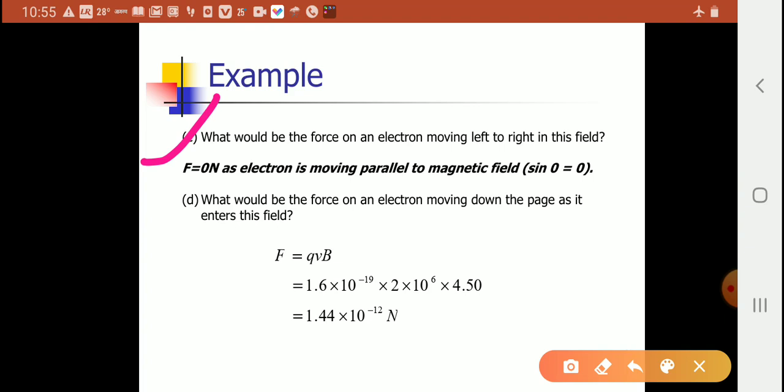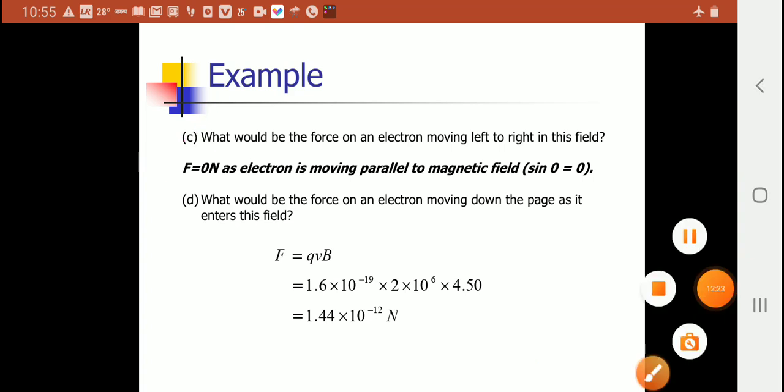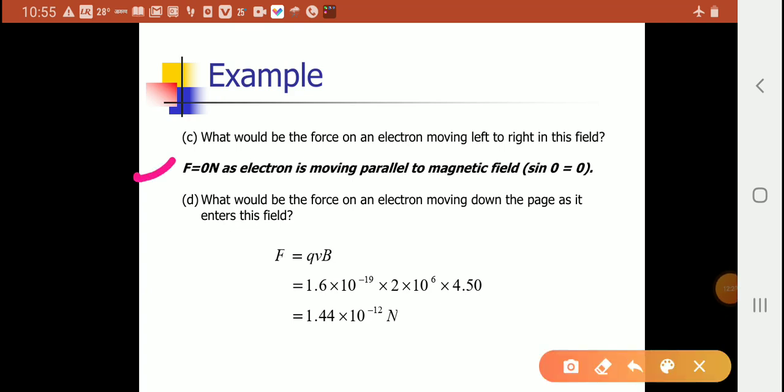Third, C, what would be the force on an electron moving left to right in this field? F equal to 0 N, as the electron is moving parallel to the magnetic field, since sin 0 is equal to 0, right? So here, D, what would be the force on an electron moving down the page as it enters this field?